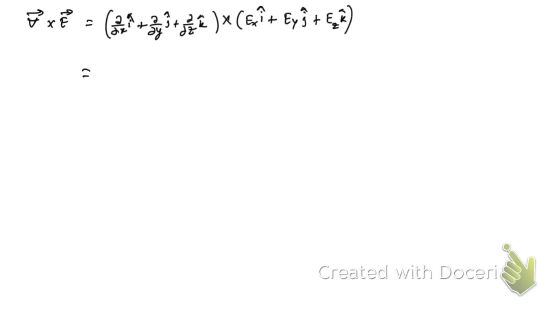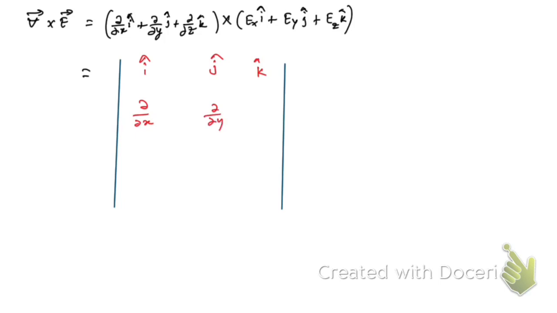So here, how to evaluate this cross product? I cap, j cap and k cap. So del x, del y and del z. Then here we have Ex, Ey and Ez.